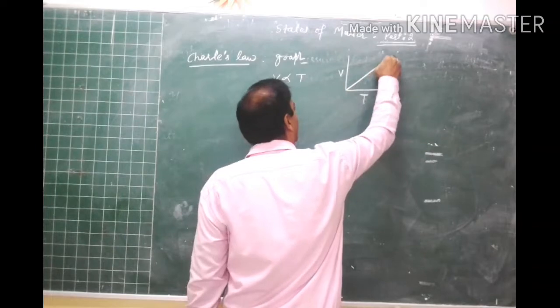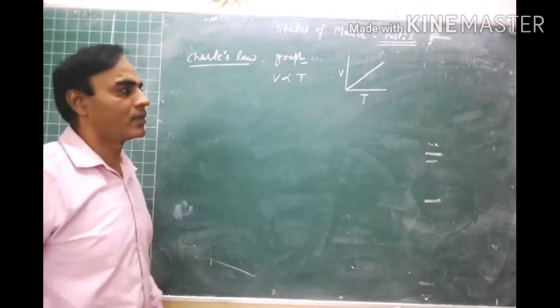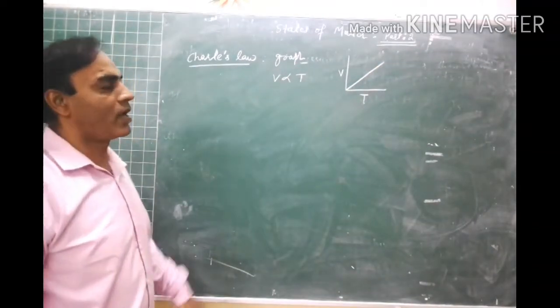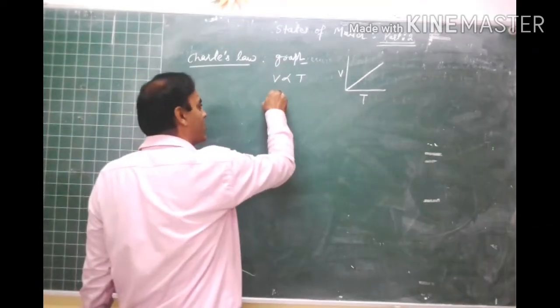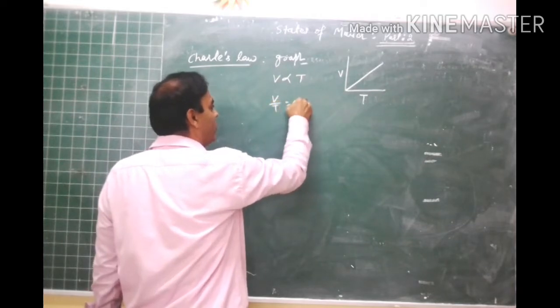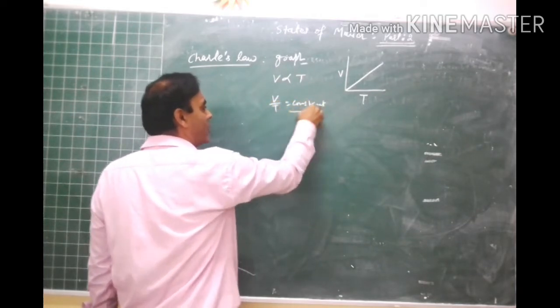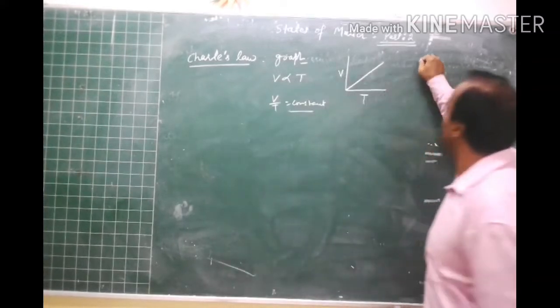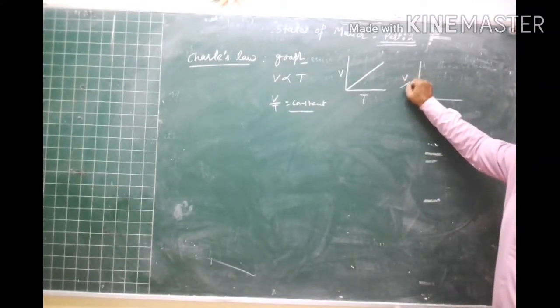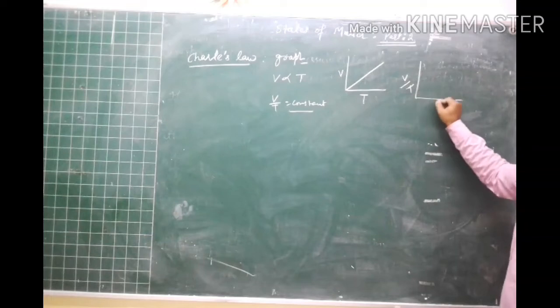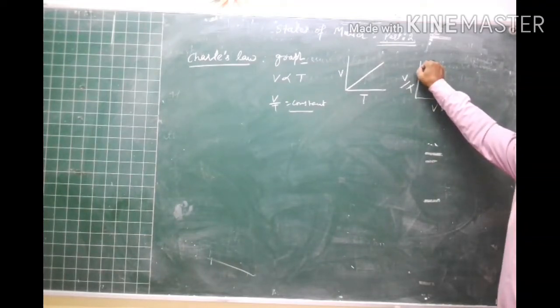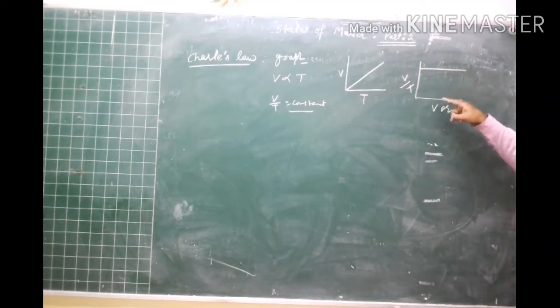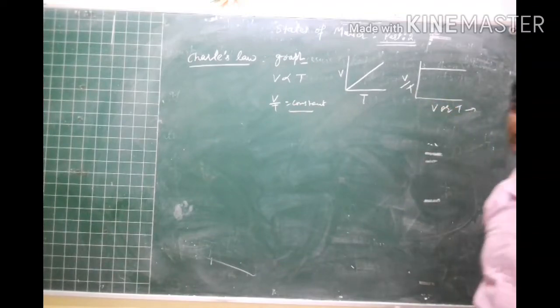It will be a straight line, so this type of graph is obtained. Now we have also discussed that V upon T is equal to constant. So on this basis we can draw the graph of V upon T, and on the x-axis you can write either V or T. You will get a line parallel to the x-axis, because V upon T is a constant.